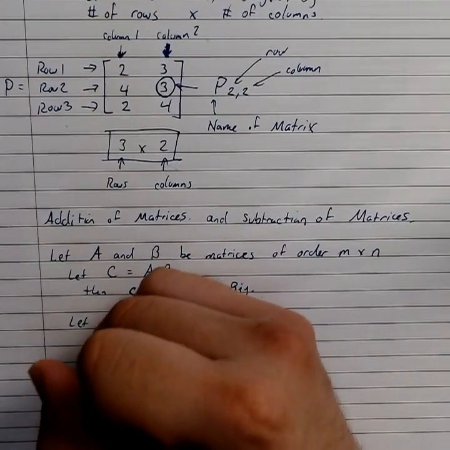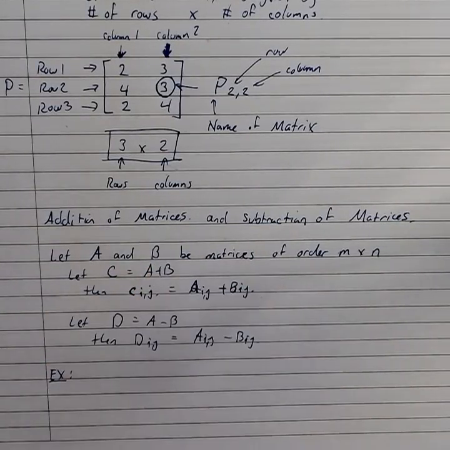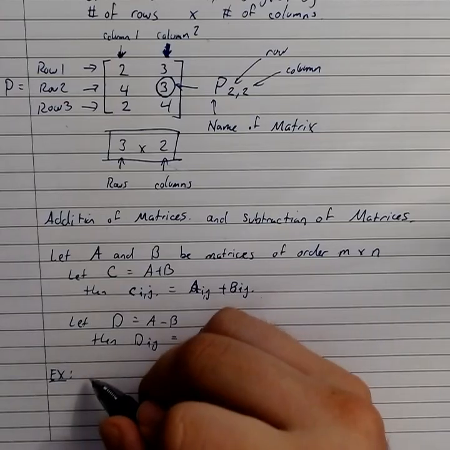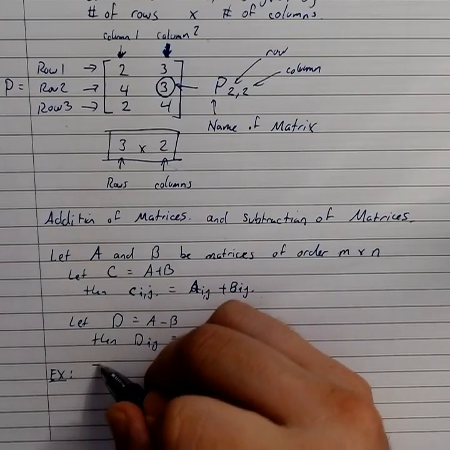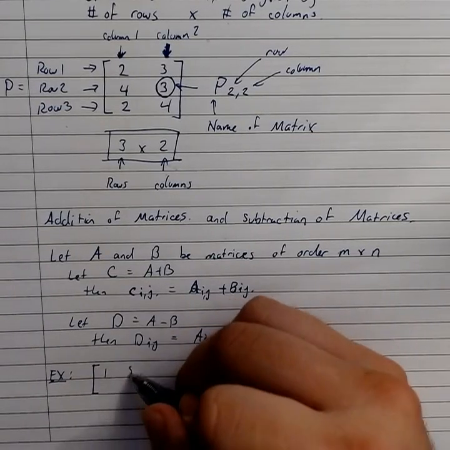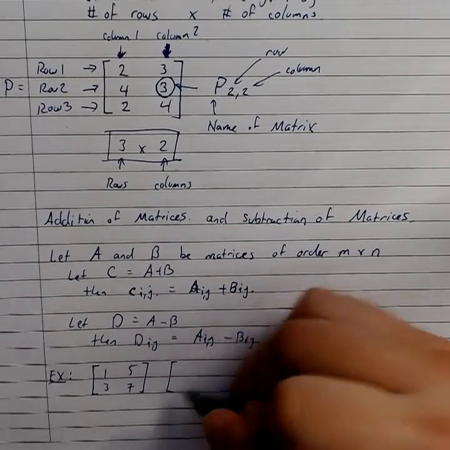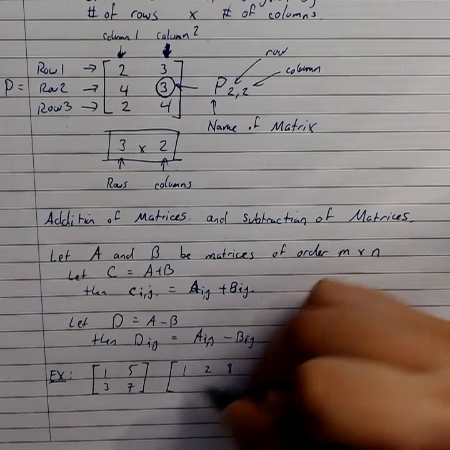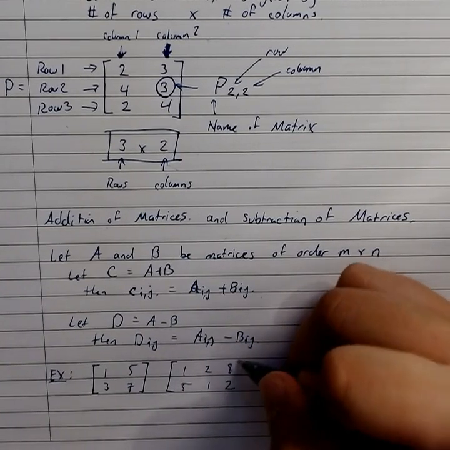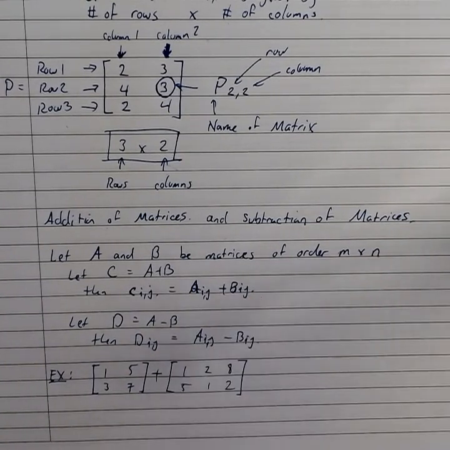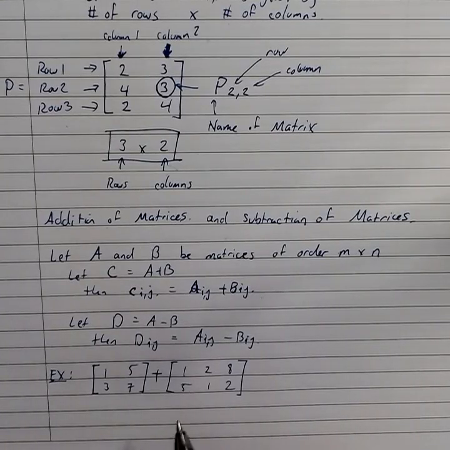All right, let's see. Example. Let's say I have two matrices. Okay, let's go ahead and add these two matrices together. Here's a matrix, 1, 5, 3, 7. And here's another matrix, 1, 2, 8, 5, 1, 2. All right, let's add those together. We can't. Well, why not?